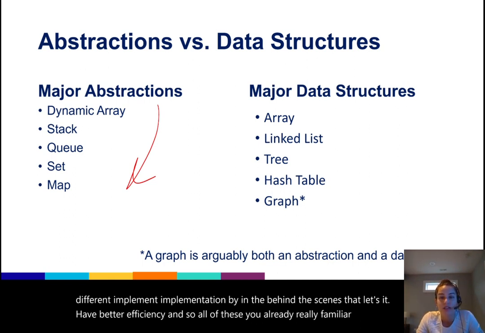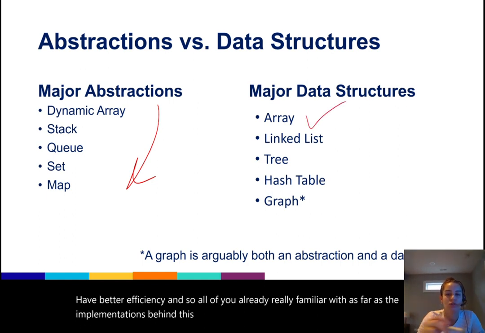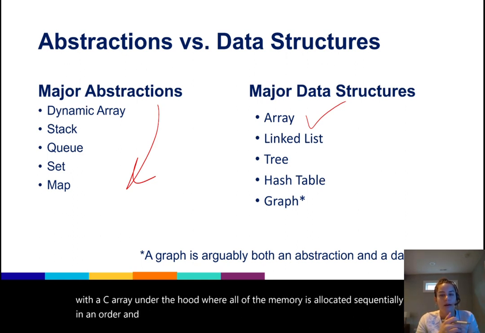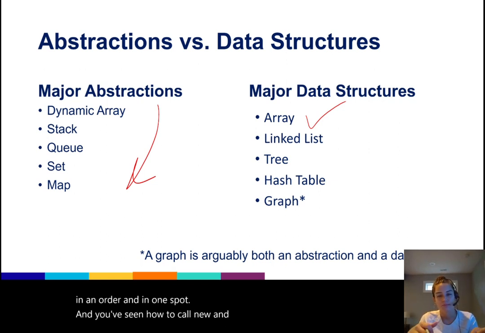As far as the implementations behind this, you've now seen how to implement an abstraction with a C array under the hood, where all of the memory is allocated sequentially in one spot, and you've seen how to call new and delete on those types.